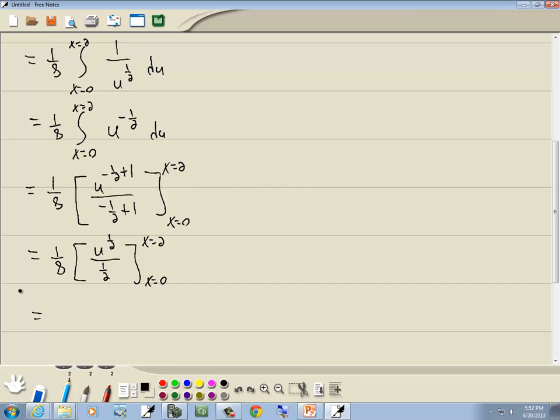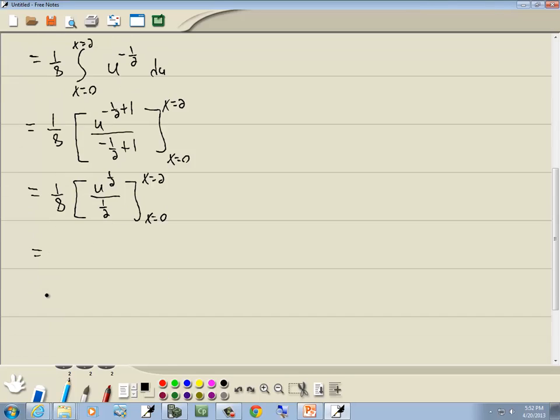Remember, if you have a single fraction down below, you flip it and multiply times the top. And actually, we can go ahead and put it outside the bracket. So 1 over 1/2 becomes 2 over 1, and we're left with u to the 1/2, which is the square root of u, from x equals 0 to x equals 2. That gives us 2/8, which is 1/4.